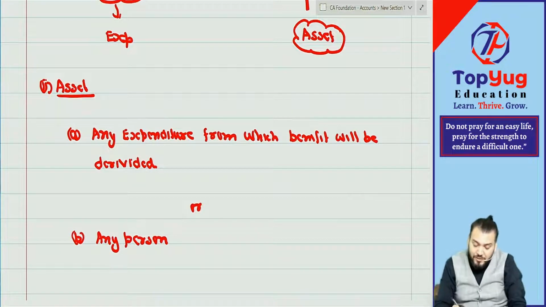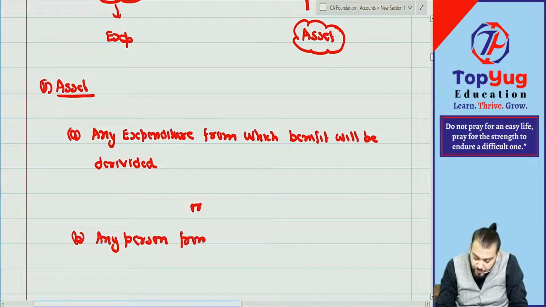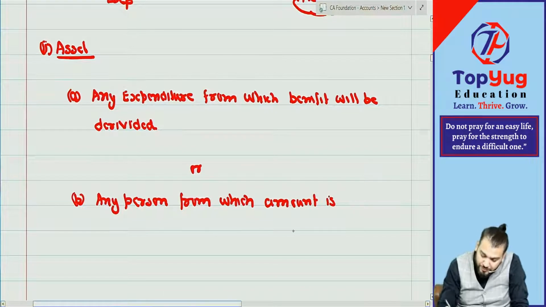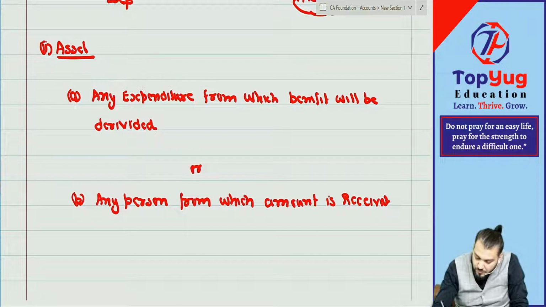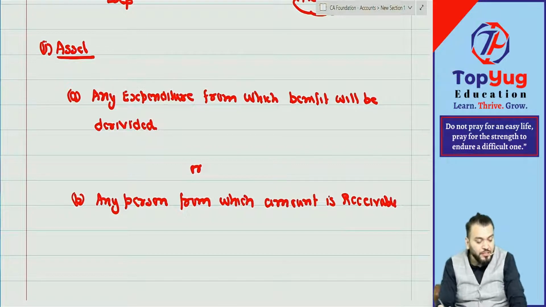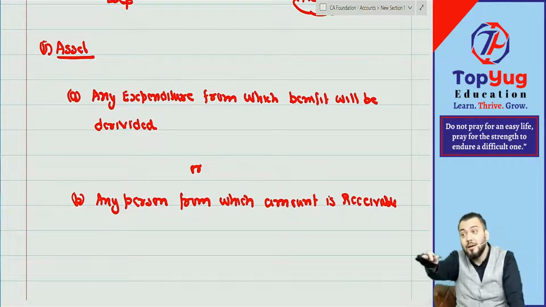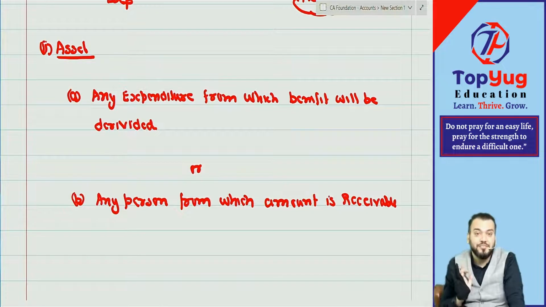So any person from which amount is receivable, that is also an asset. Correct?